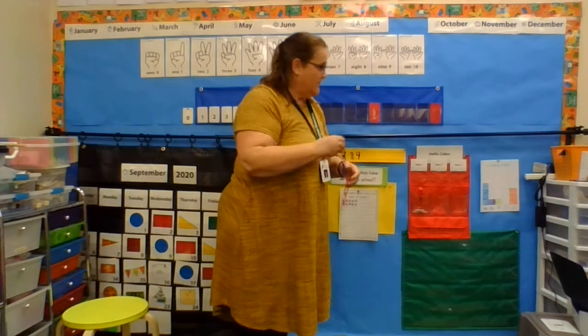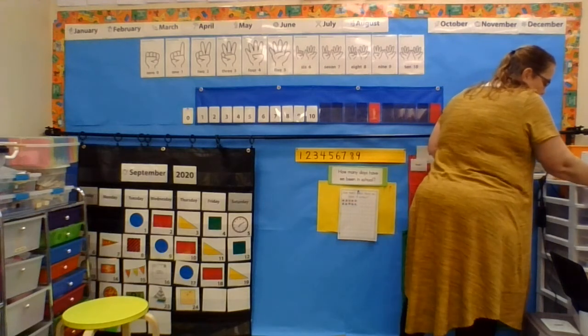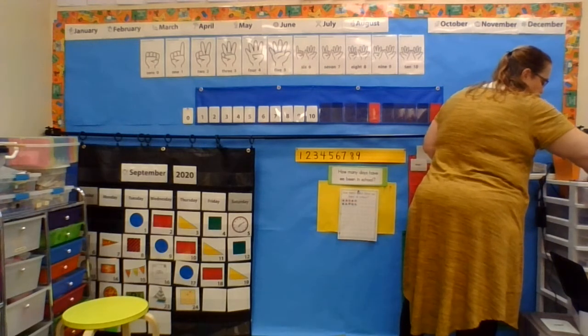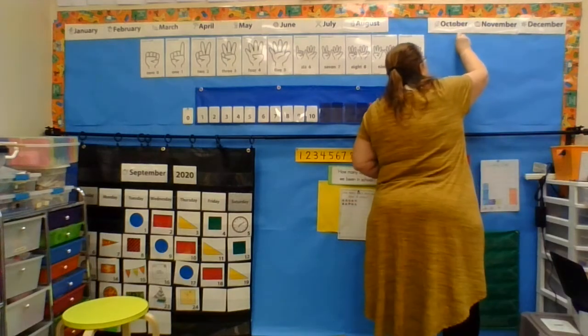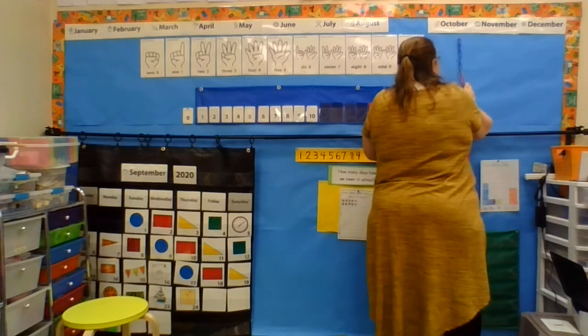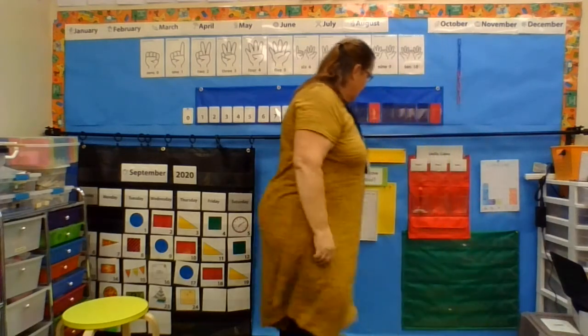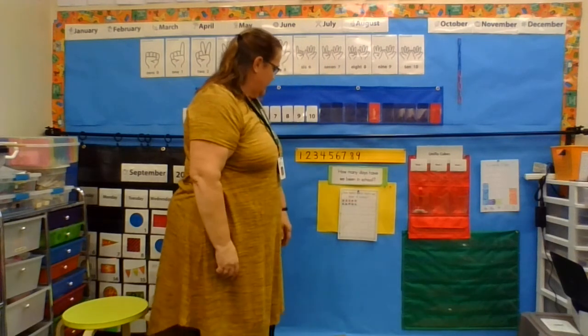We'll do the blue first. I'm going to put these up, and then we'll start counting by tens so that we can see how many days we've been in school. So there's the start of our collection of tens, and then tomorrow when we do calendar, I'll start this one again to build up to 10.